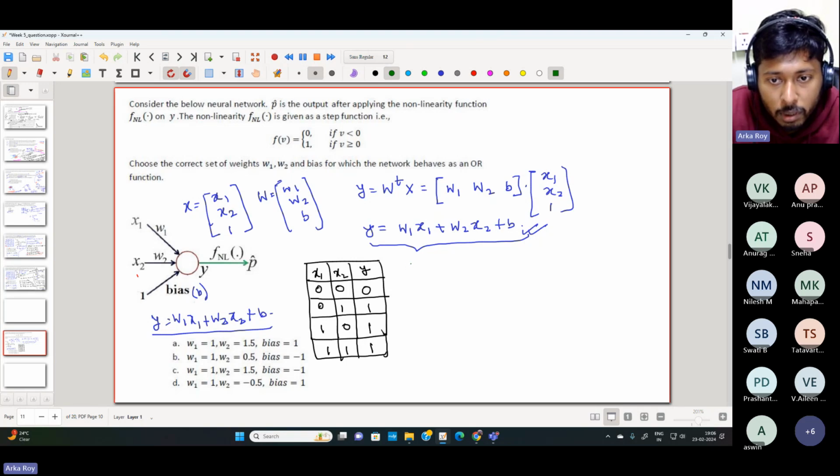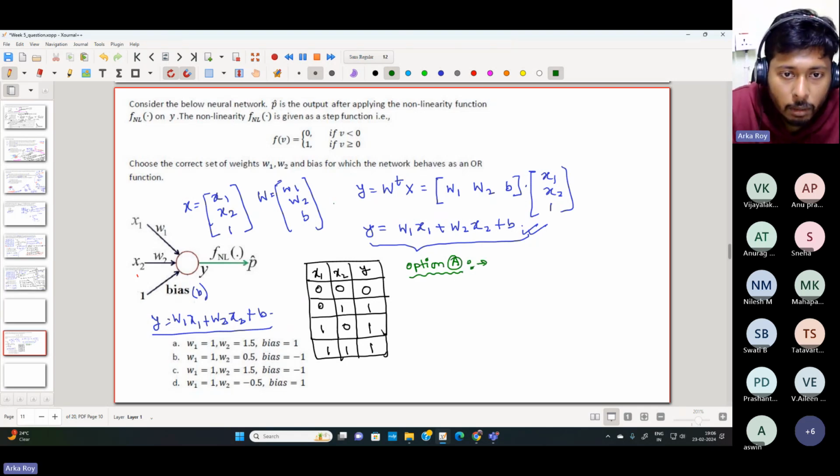Let's start with option A. In case of option A, let me use this matrix operation itself. You've been given that W1 is equal to 1, W2 is equal to 1.5, and B is equal to 1.